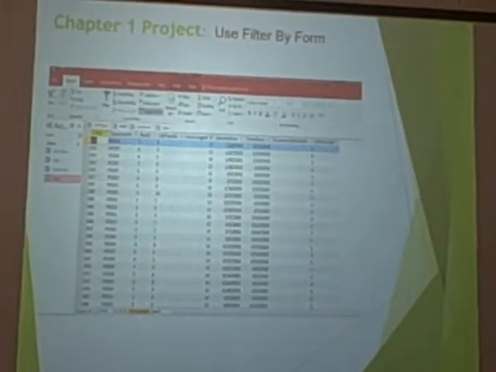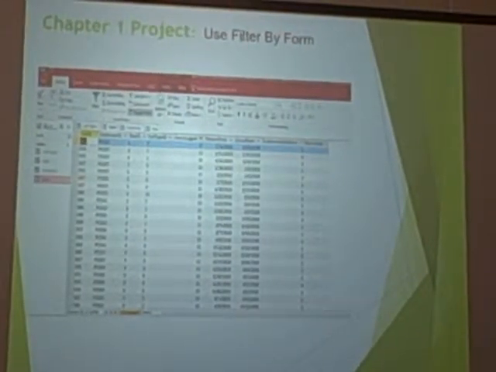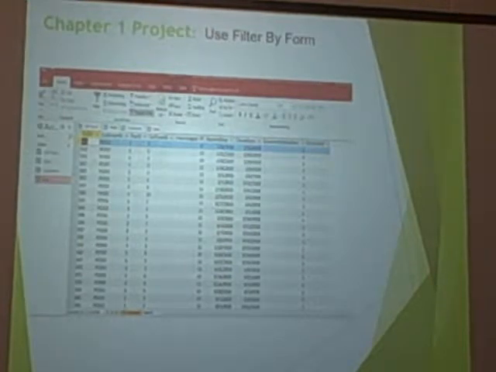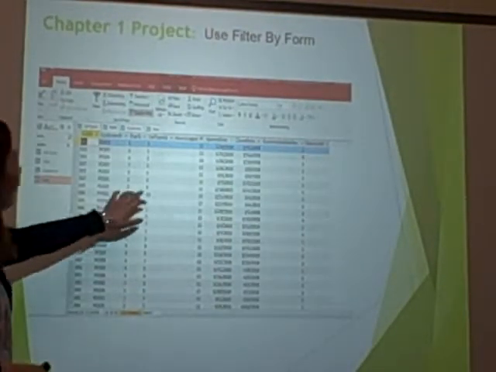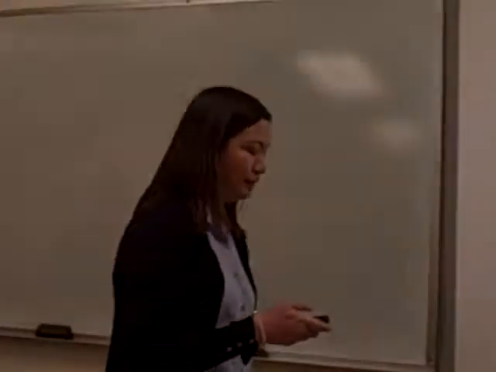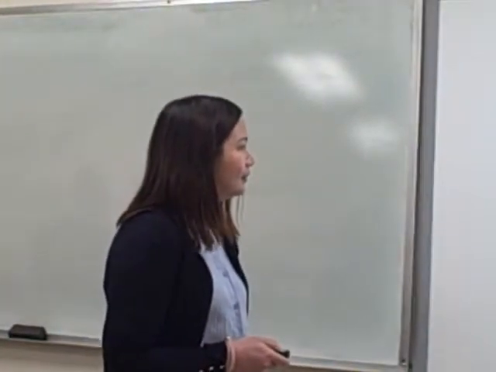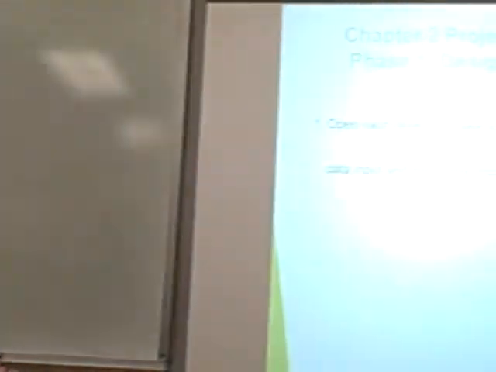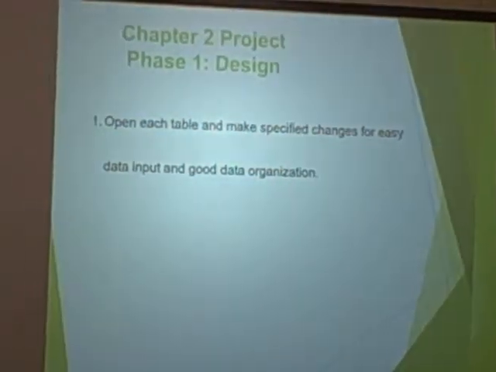The next part is to use Filter by Form to filter the hours field for courses with 10 or more hours logged. Next, I will pass to Myron.